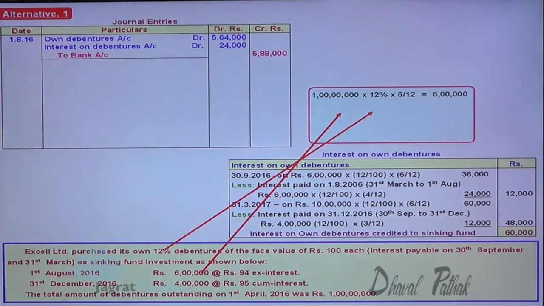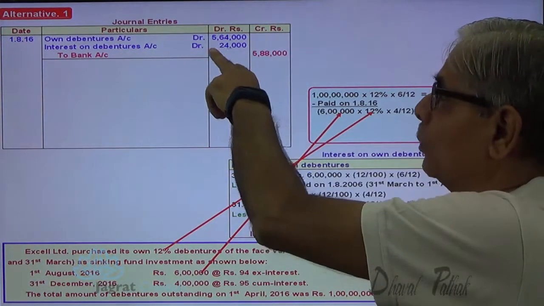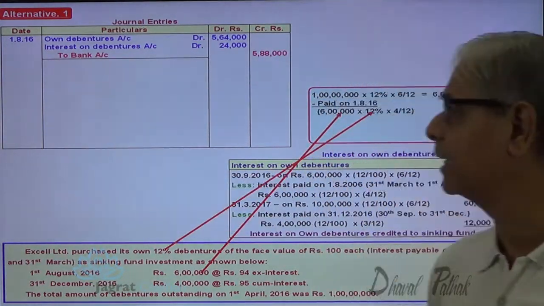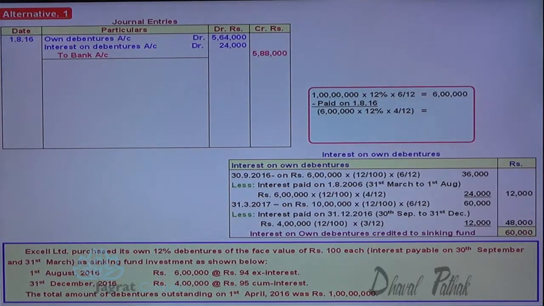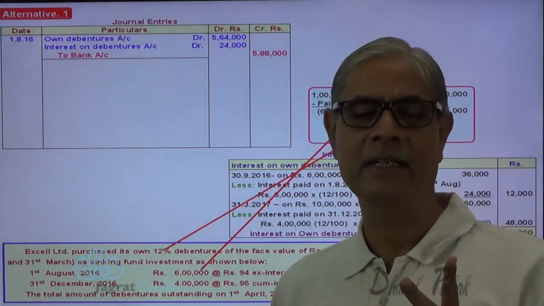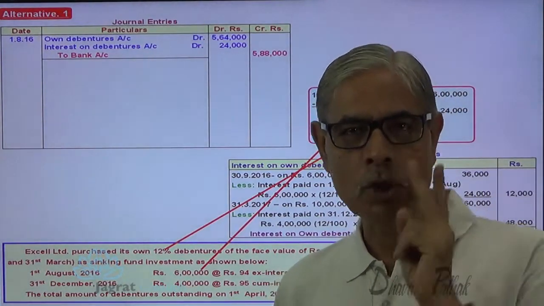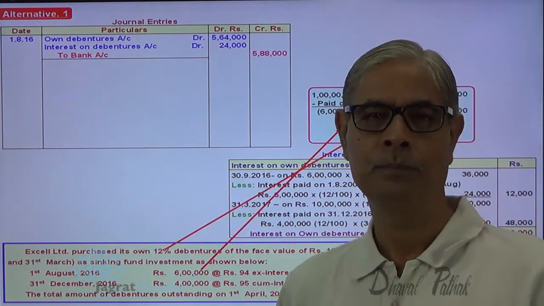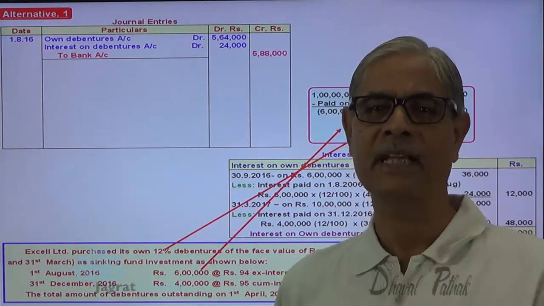Out of that, already paid debenture interest for 4 months, 24,000 debenture interest is already paid and debited to debenture interest account, so I remove it. Now 4 months interest is already paid. 2 months interest on own debenture is receivable, is due by the company from itself.